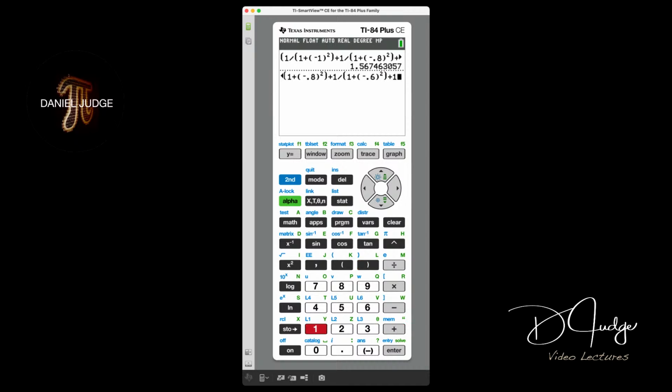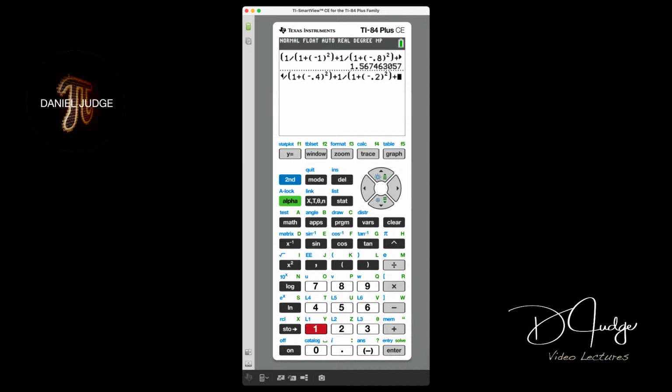Plus 1 divided by parentheses, 1 plus, another parentheses, negative 0.4, close this and square it, plus 1 divided by 1 plus parentheses negative 0.2, close that and square it, close your parentheses, and now we're going to be at 0 again.